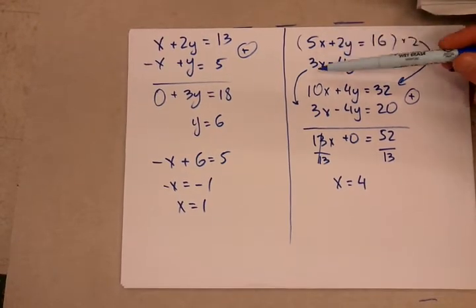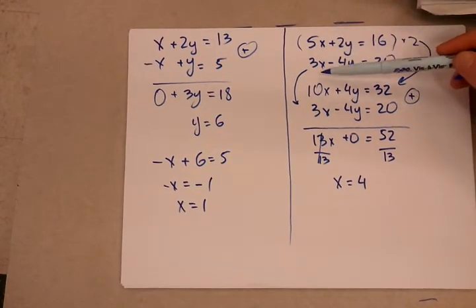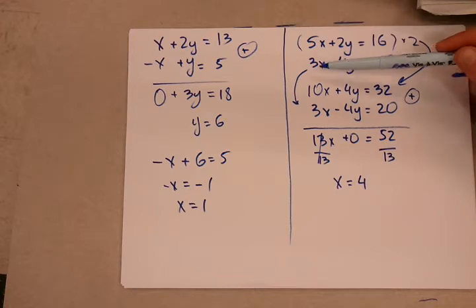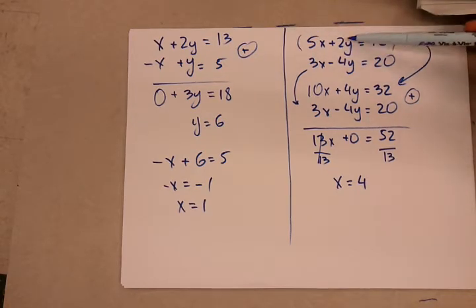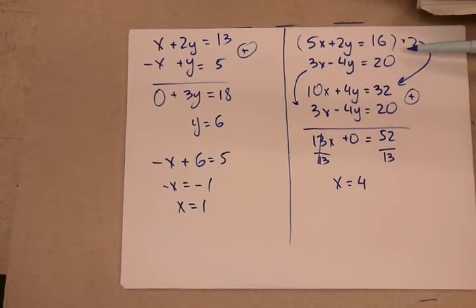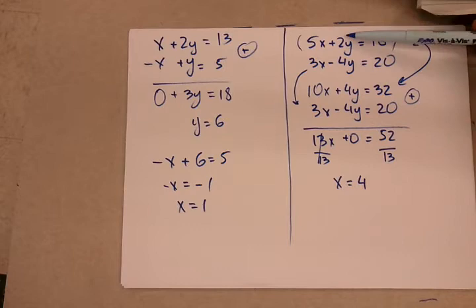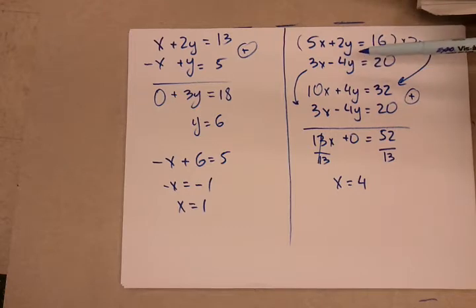Again, you could have modified the coefficients of the x's, made them both 15, but that would require modifying both the top and the bottom equation. Modifying the coefficients of the y, I'd require only modifying the top one. Since the GCF for the coefficient of y is 4, and the bottom one is already a 4, all you have to do is modify the 2.